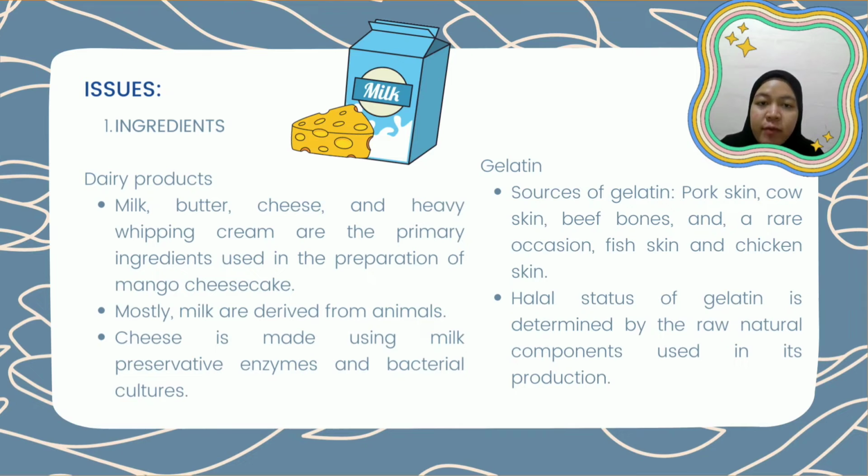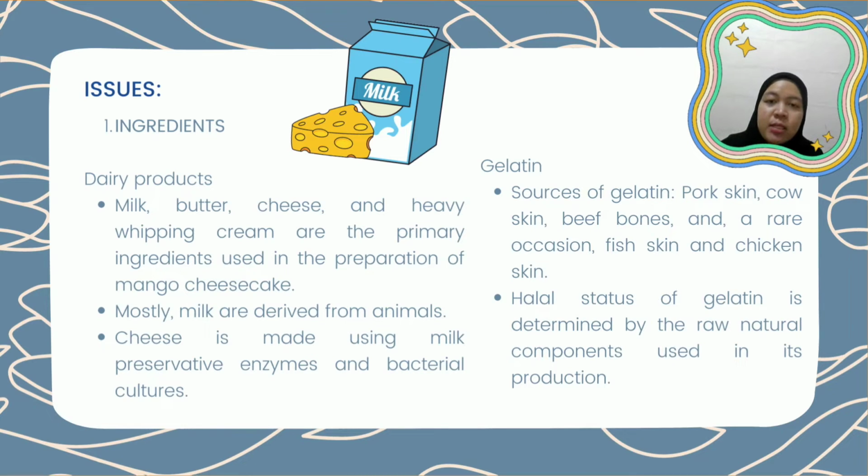So this emulsifier and other functional elements must be derived from halal sources such as plant oils in order for halal products to be produced. However, professionally raised dairy cows are now the primary sources of milk for the majority of the world's population.